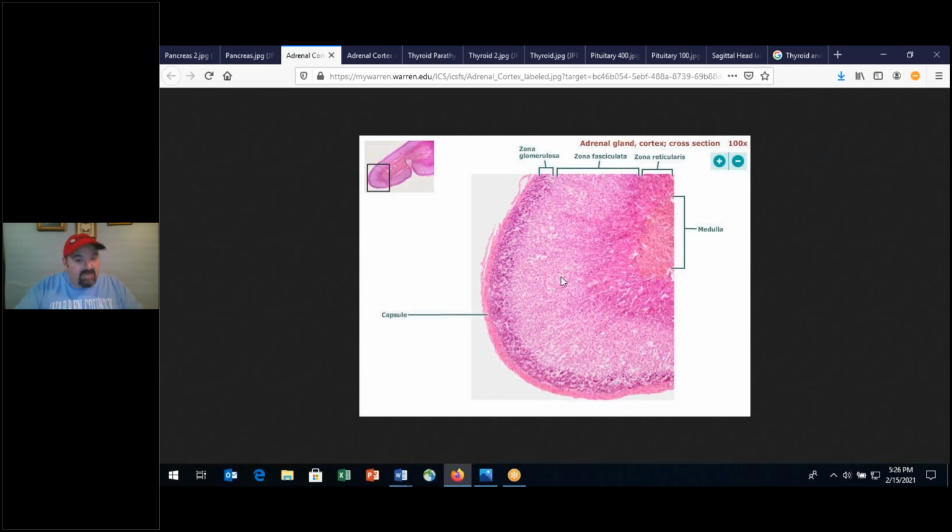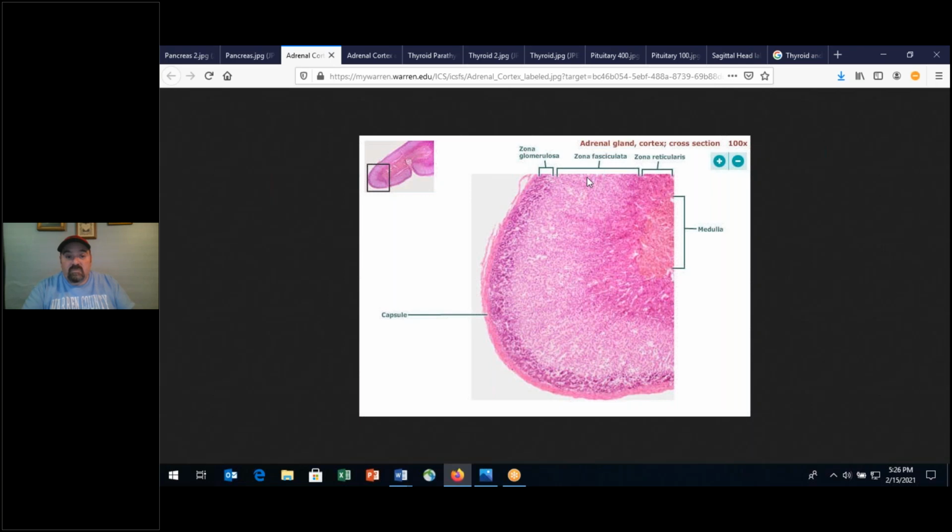If I want you to identify the glomerulosa, I'd point very close to, but not on, the capsule. If I wanted the capsule, I'd point to this structure out here. What is this structure? The capsule. But here, very close to the capsule, glomerulosa. Here's the medullary region, that neural tissue. And if I point here, reticularis. And anything in the middle, fasciculata.